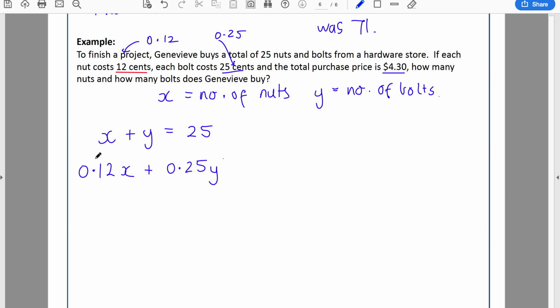So then I'd get the total cost of all the nuts here, and the total cost of all the bolts there, and that has to equal the total that she spent, which was $4.30. And now from here, I've got my two equations. Once I've got them, I can solve them in here.